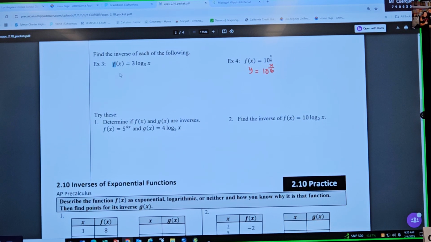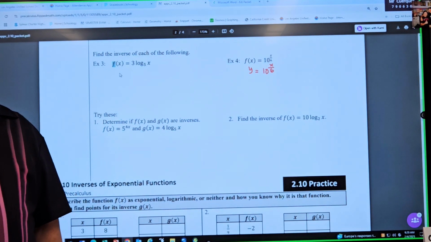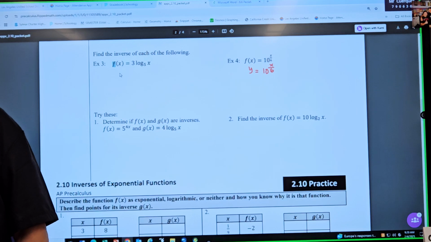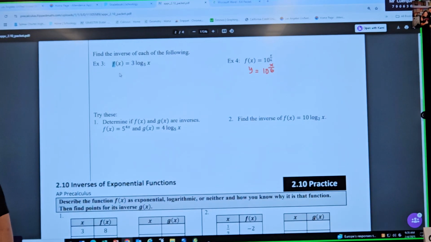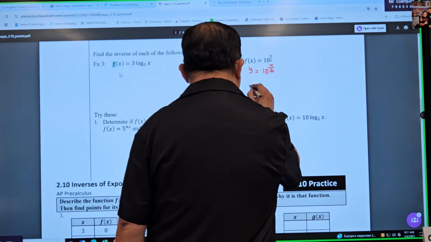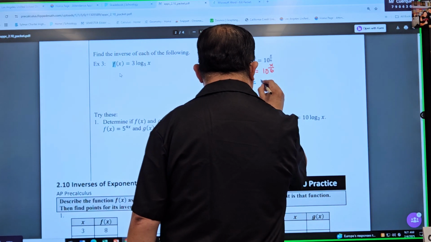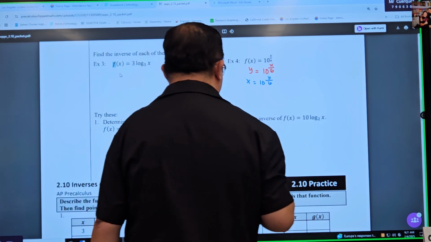Then what's our next concern? What's our next concern, Julia? After we rewrite, we're going to switch now y into x and x into y. So we have x is equal to 10 to the power of y over 6.